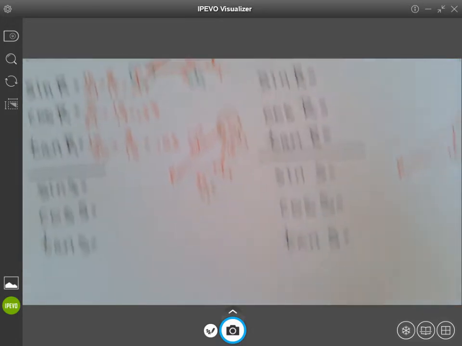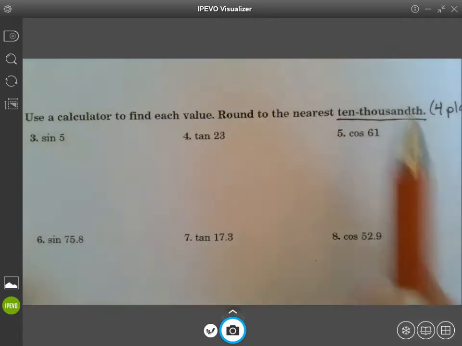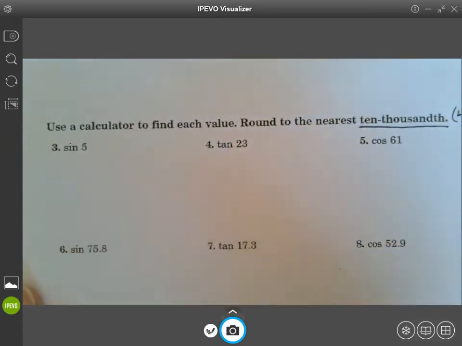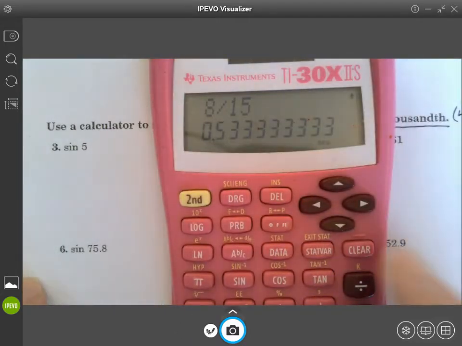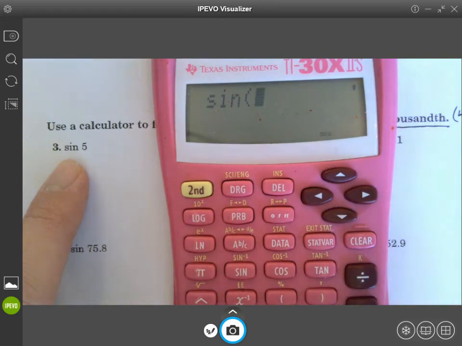All right, let's jump down to these guys. These should be super simple. Nearest 10,000th is 4 decimal places. This is just a matter of throwing it in your calculator. If they say find the sine of 5, on my calculator I just hit sine, type in 5, and for good practice, close the parentheses, and I get my decimal.